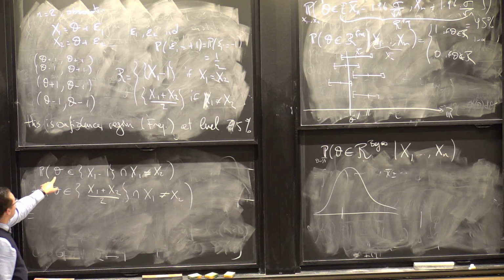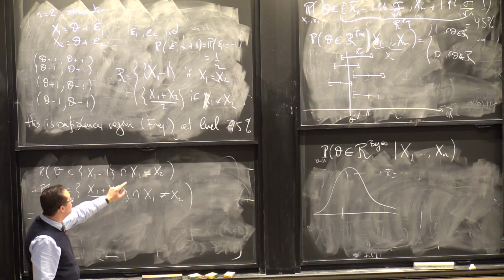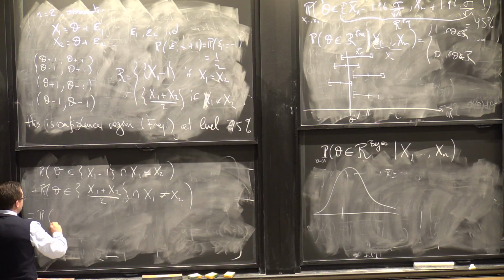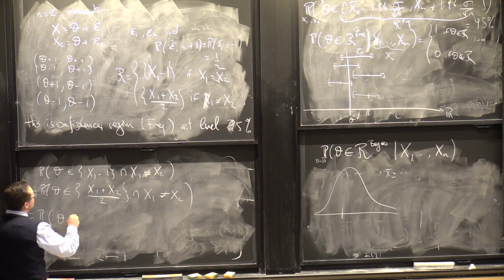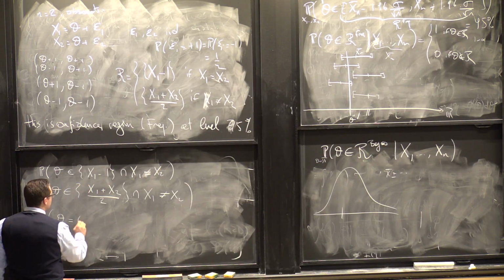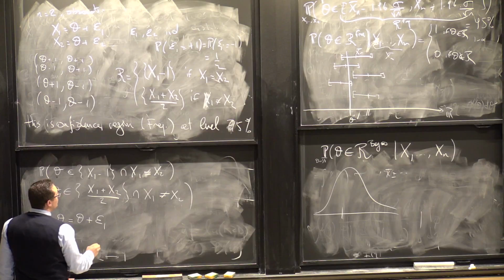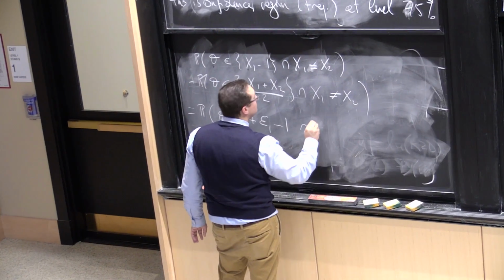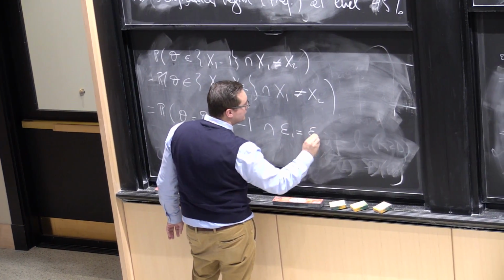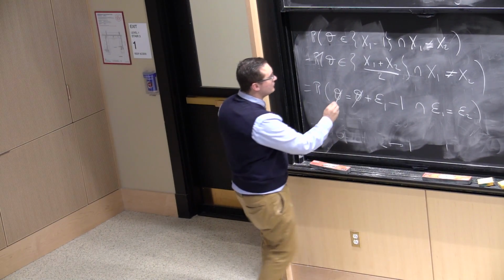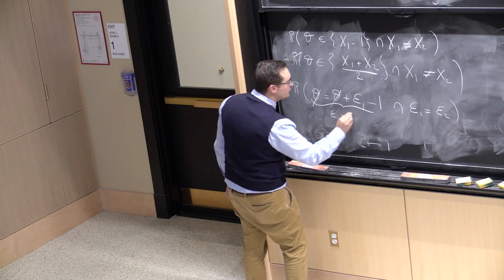So the first line is the probability that theta is equal to x1 minus 1, and those two are equal. So this is the probability that theta is equal to theta plus epsilon 1 minus 1, and epsilon 1 is equal to epsilon 2. Right? Because I can remove the theta from here, and this guy here is just epsilon 1 is equal to 1.